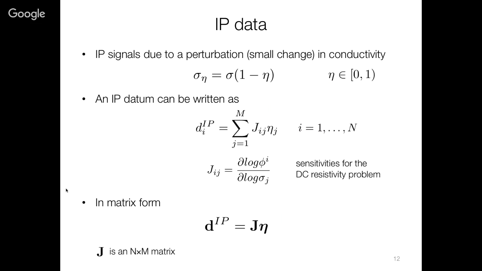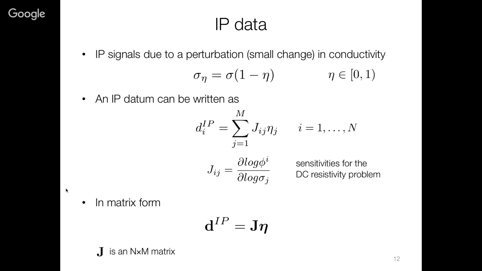So now you can write in perturbation mode that the IP data is just some chargeability with some sensitivity function pre-multiplying it. And this sensitivity function, this is important, is the sensitivity that was used to get the DC resistivity inversion.